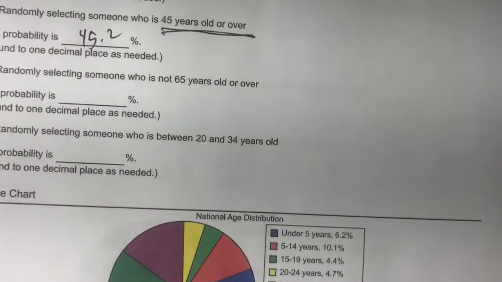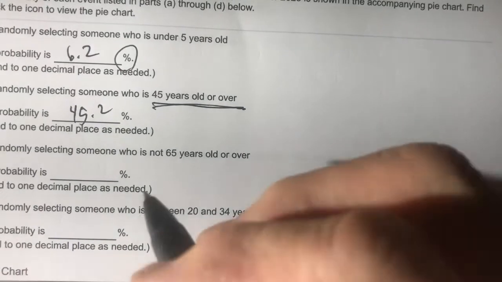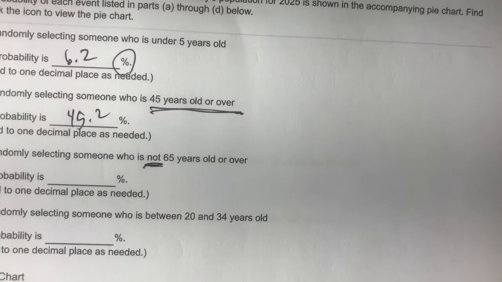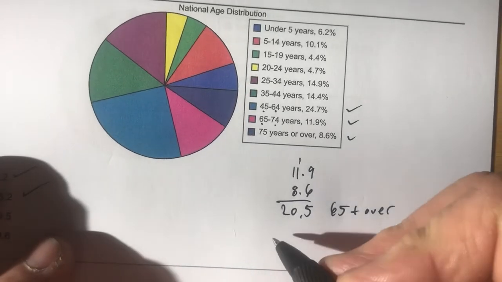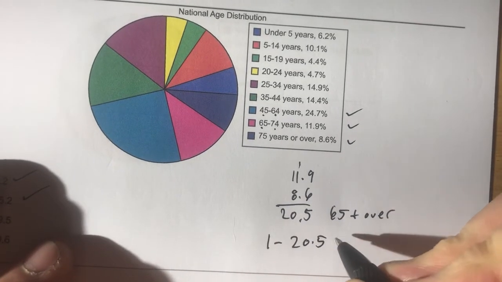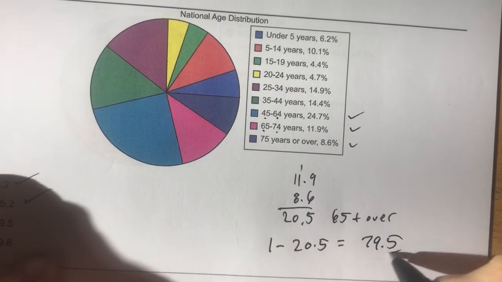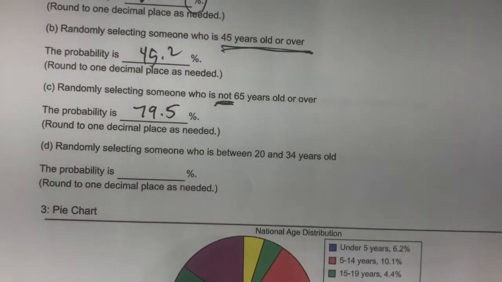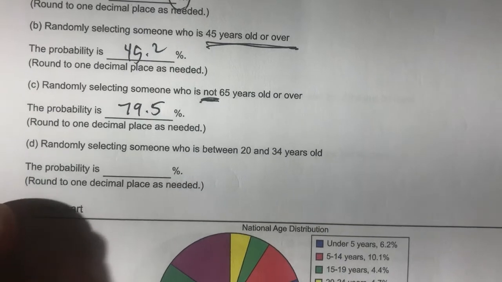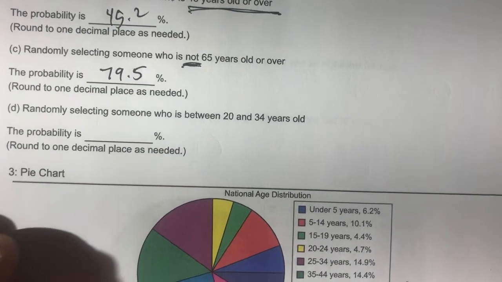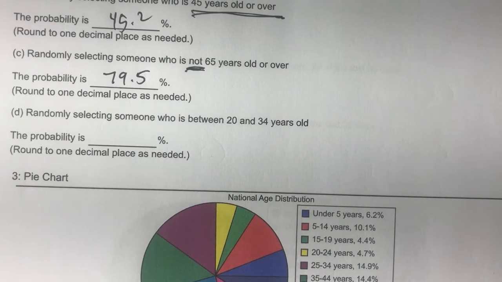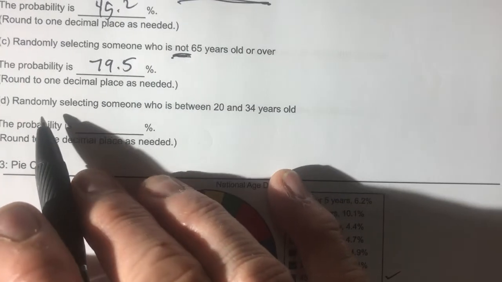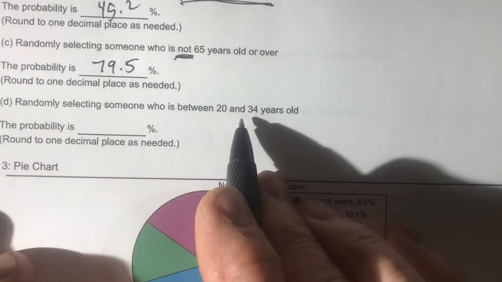Selecting someone that's not 65, that's the complement, if you remember that. So all I would do here is 1 minus 20.5, which is going to be 79.5. That's the complement, which is 1 minus the probability that it is. That's what not is.